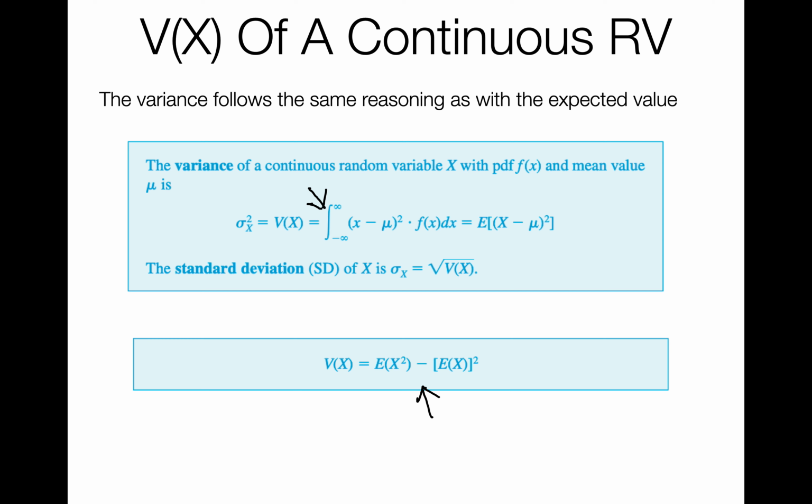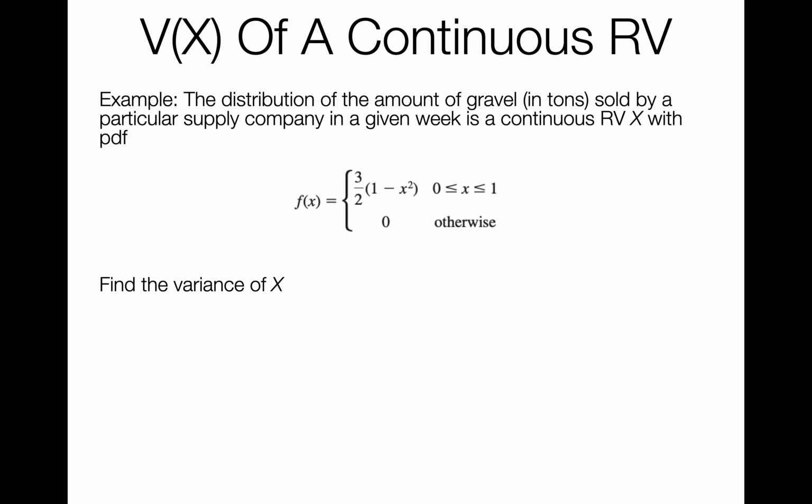So let's use my example that we saw before to find the variance of x. We found earlier in this video that the mean, the expected value of x, was 3/8.